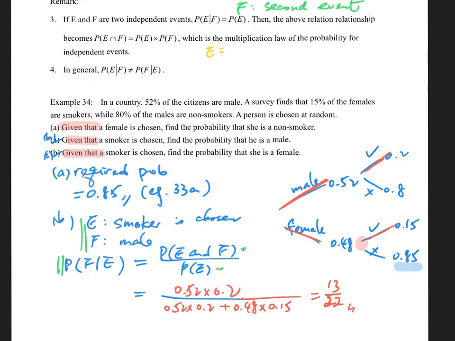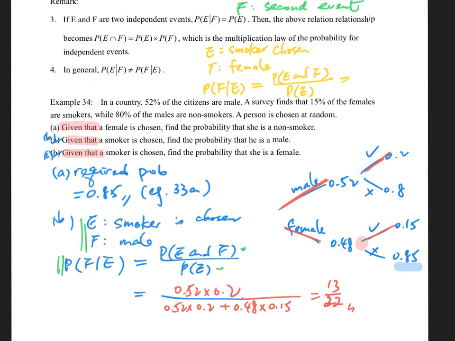Given that a smoker is chosen and you are asked to find the probability that she is a female, I have no space, so let me put it on top in yellow. This time E is smoker chosen, and F is that you want to have a female. So P(F given E) will be P(E and F) divided by P(E).